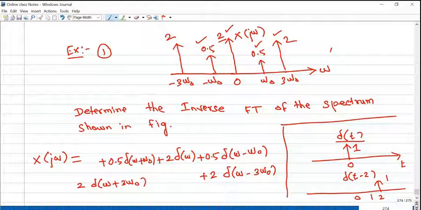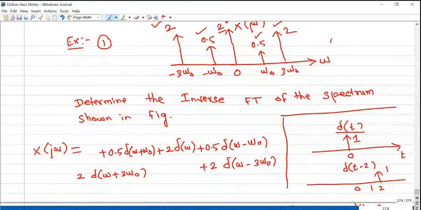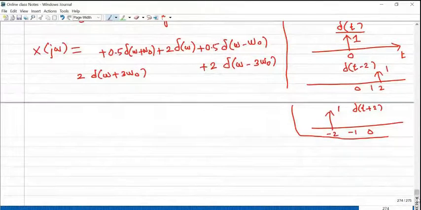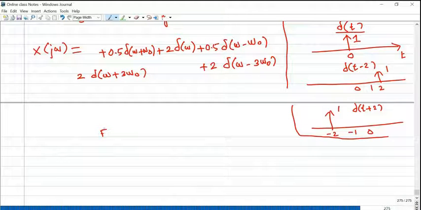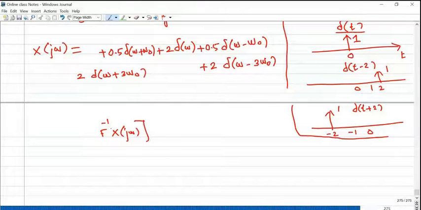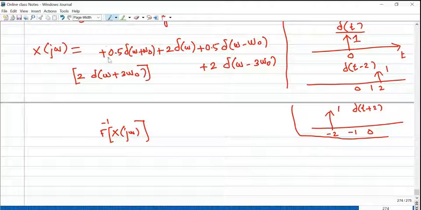So instead of giving the mathematical expression of X of j omega directly, the spectrum diagram is given. From the spectrum diagram, we have written the X of j omega expression. Now apply the inverse Fourier transform. The inverse Fourier transform of X of j omega equals the inverse Fourier transform of this component plus the inverse Fourier transform of this component, and so on.